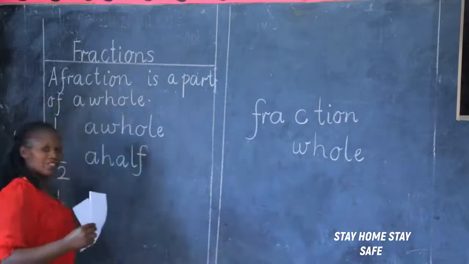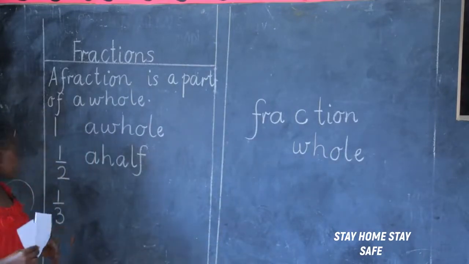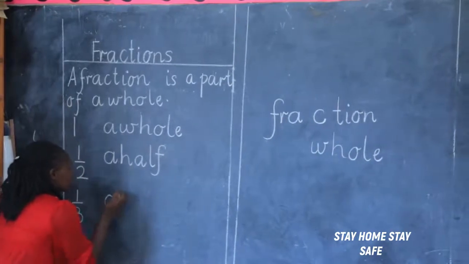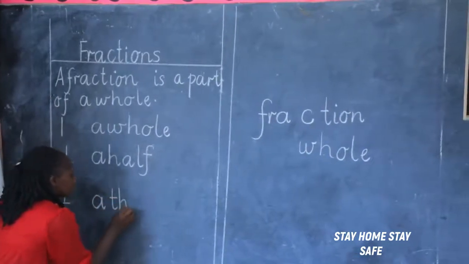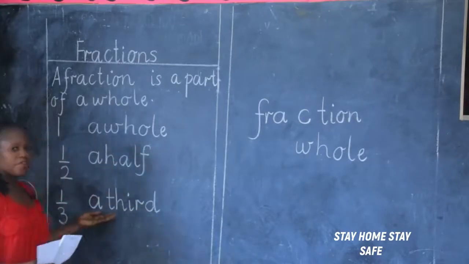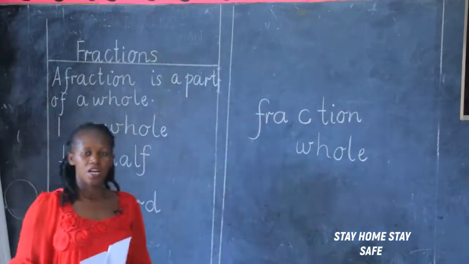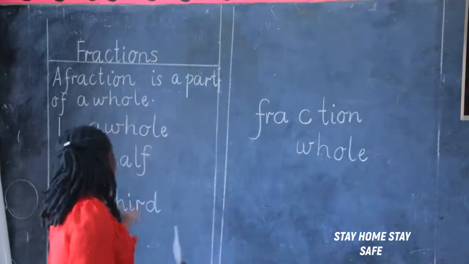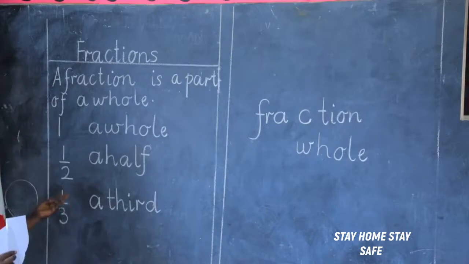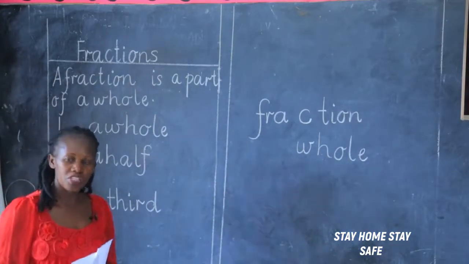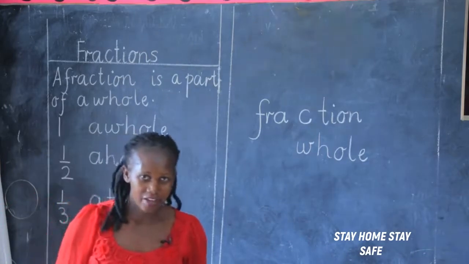And you know the name of this fraction? This fraction is called a third. A third. 1 out of 3 can also be called a third. Okay?